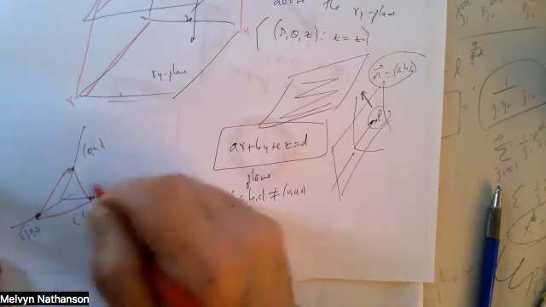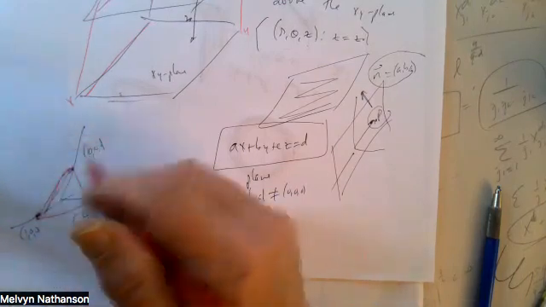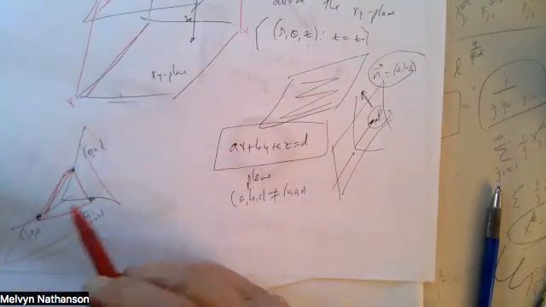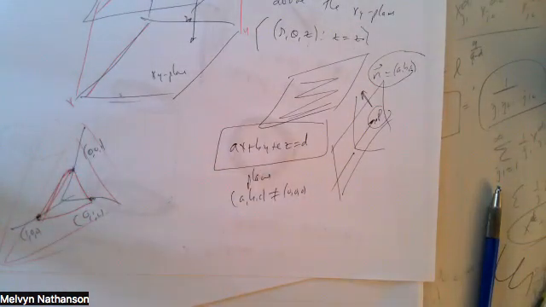But that triangle is just part of a plane. It can be extended wherever. There's the plane that goes through those 3 points. Lines and planes are basic geometrical objects.